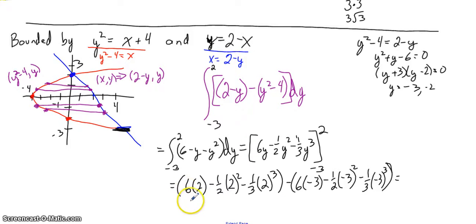This is going to be 12 minus 2 minus 8/3, minus a negative 18 minus 9/2, negative 27, negative 9, so minus a negative 9.